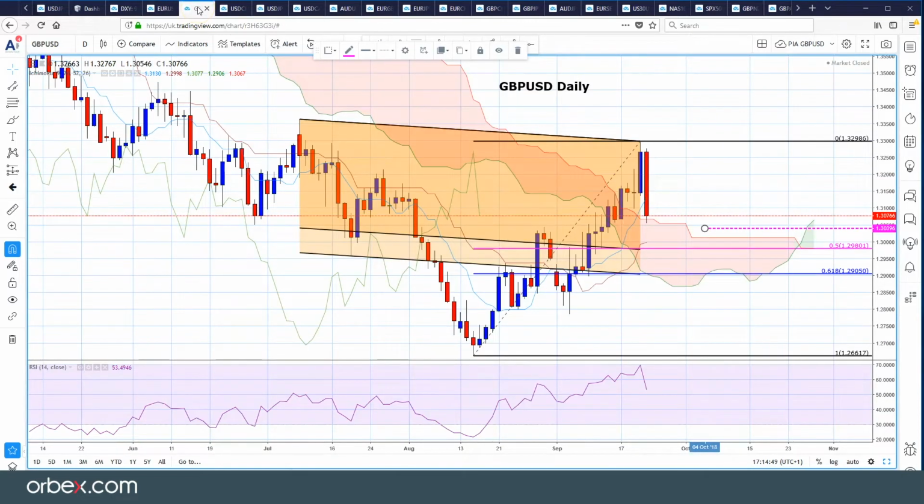Sterling dollar's quite an interesting one actually. We also had that aggressive sell-off on Friday. The immediate call, I suppose, would have to be to sell into rallies, but we have got some bespoke support at 130.39, so there's potential to see a bounce earlier on in the week, and we wouldn't be looking at selling sterling dollar around current levels.